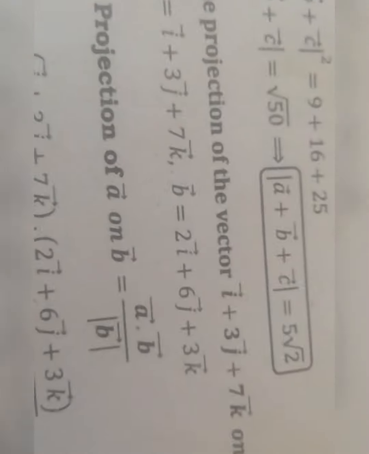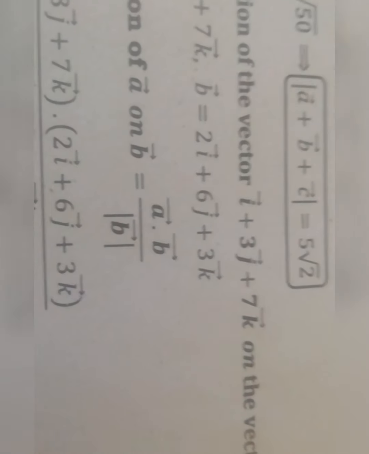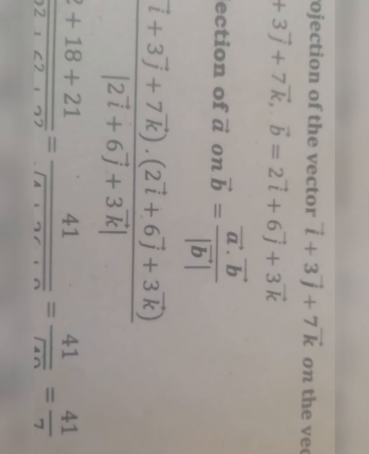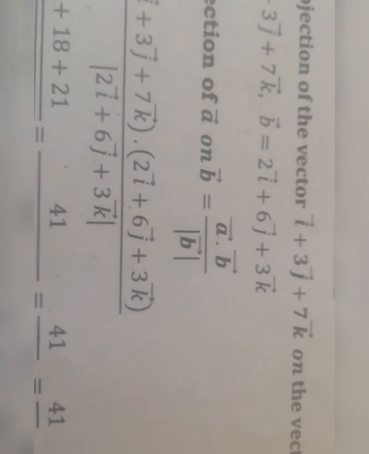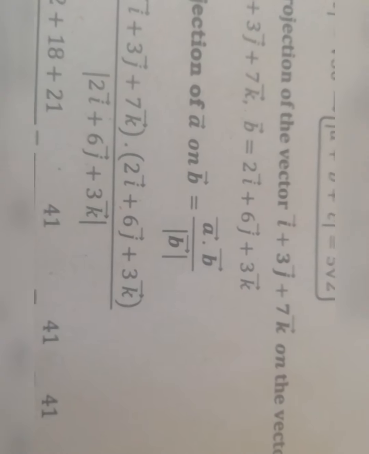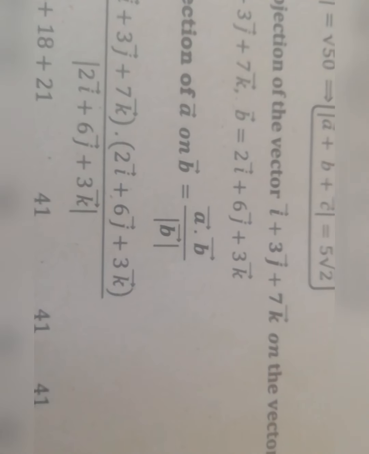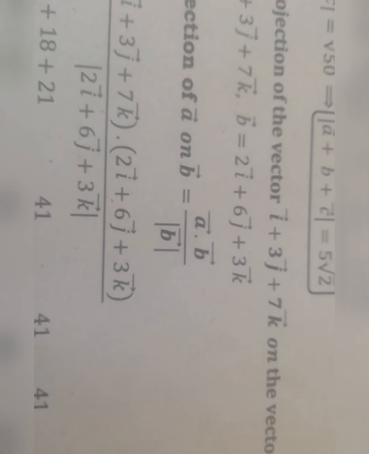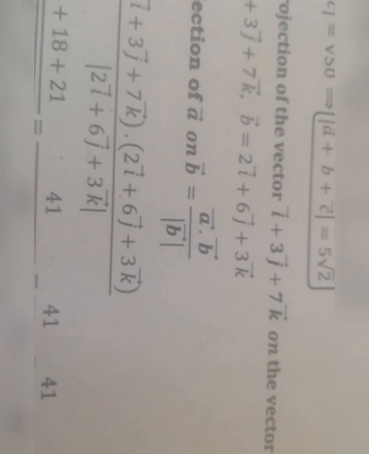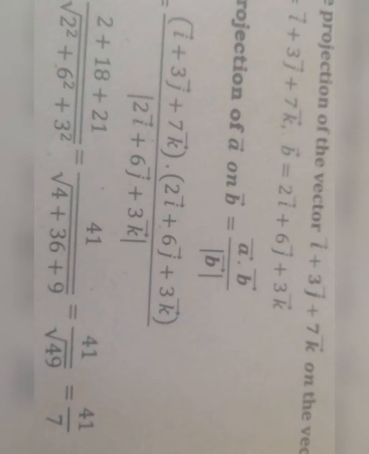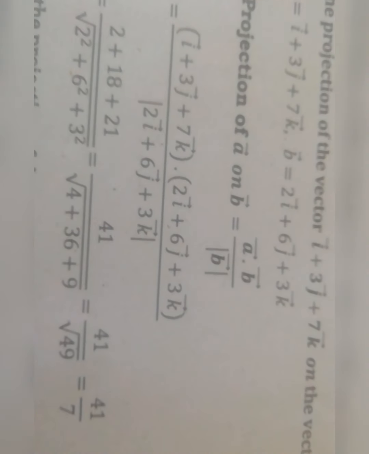So we can take the first vector as a and the second vector as b. So you can find a dot b. How to find the dot product? Already you know very well. Take the coefficients of i with i, j with j, k with k. So 1 into 2 is 2, 3 into 6 is 18, 7 into 3 is 21, total 41. Divided by modulus of b. How to find modulus?